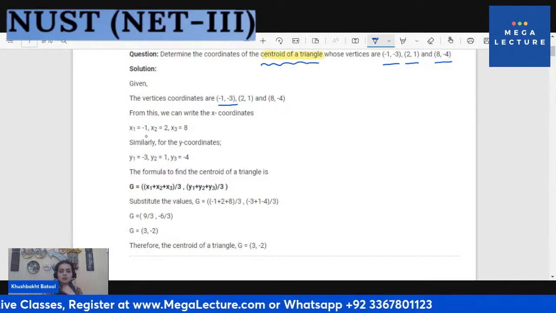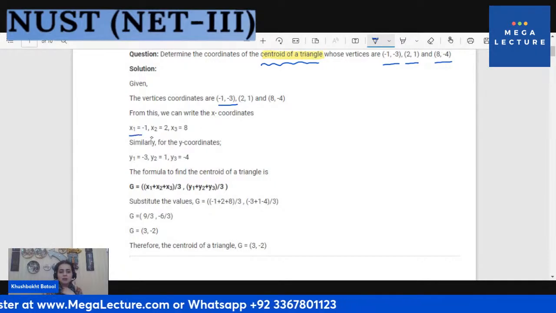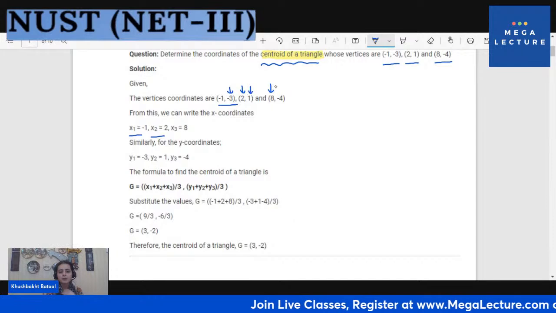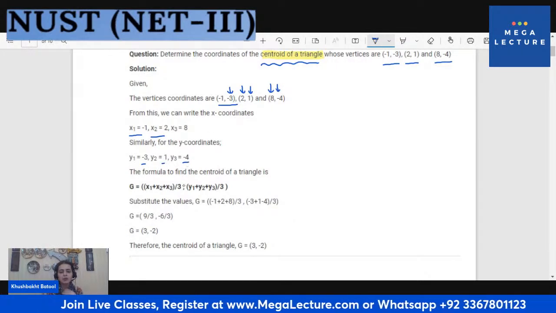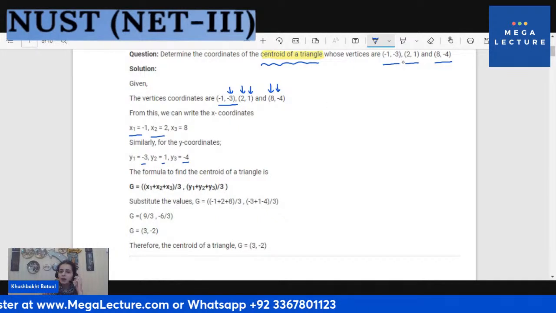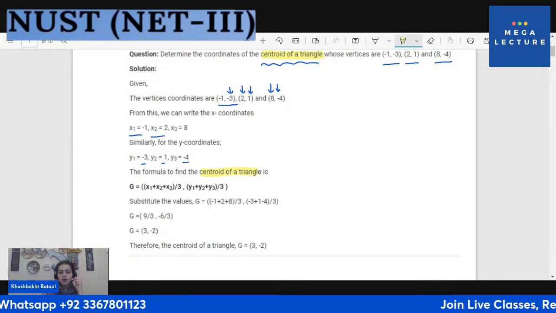Using this, we can write down x1 as -1, x2 as 2, and x3 as 8. Similarly, I can write down the y coordinates y1, y2, and y3: -3, 1, and -4. Once we have x1, x2, x3, y1, y2, y3, this is the formula for the centroid of a triangle.